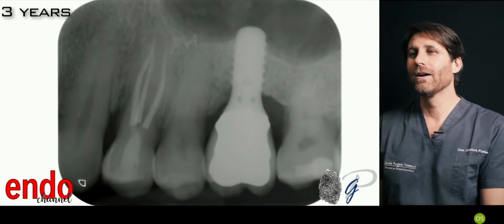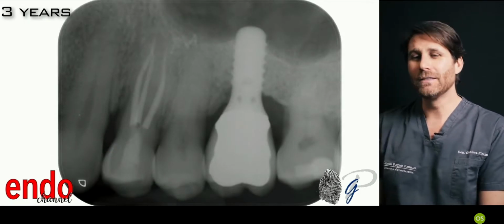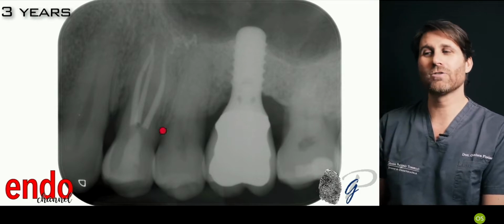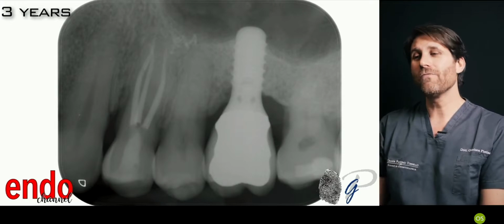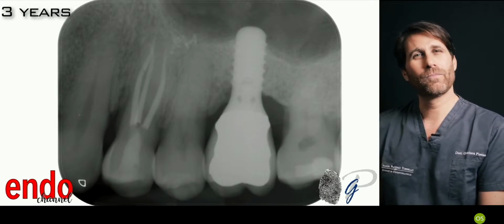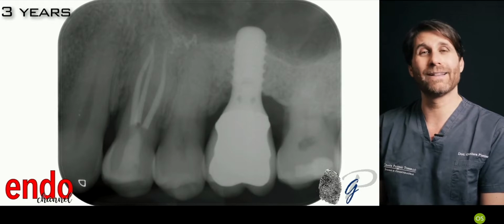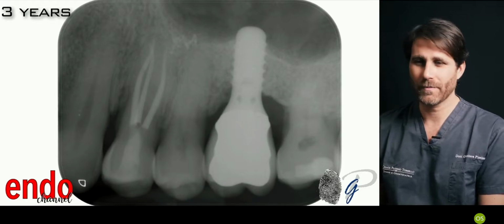And this is the 3-year control of this case, restored with a direct composite, because in just an occlusal cavity we didn't need to cover the cusp if we are able to maintain such tooth structure.